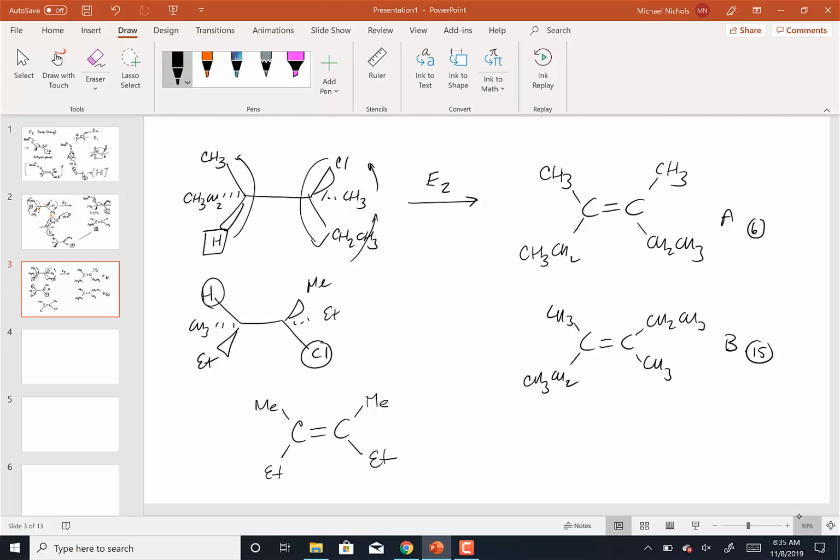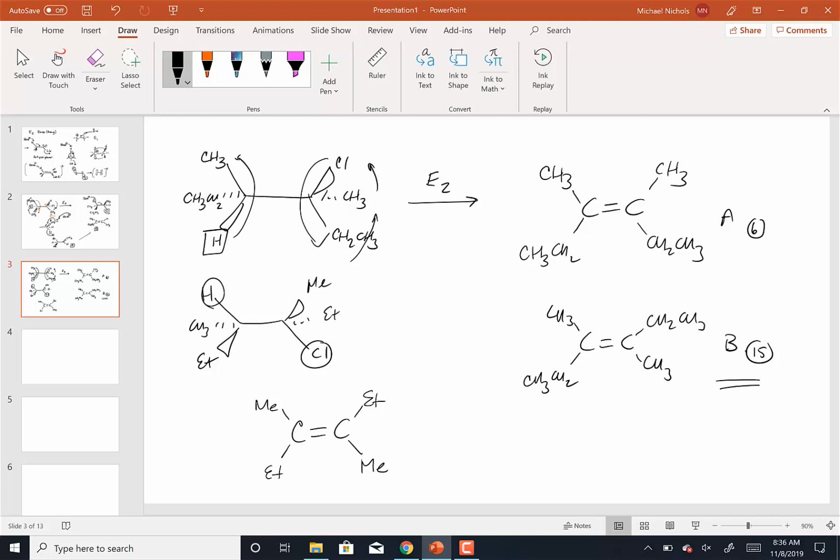So it appears as though, wait, I completely messed that up, didn't I? Ethyl, methyl, bold, methyl, ethyl, dashed, and so they are going to be trans, which is the majority answer. Okay.